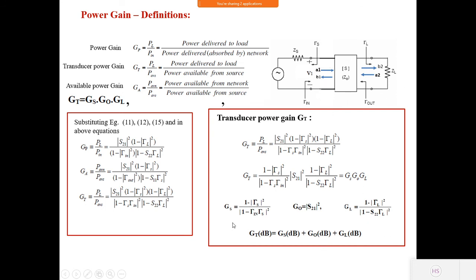So this is about the transducer gain. We will do some problems and design an amplifier. Anyway, you should remember these three equations for GS, G0, and GL, and in terms of decibels we get this equation.